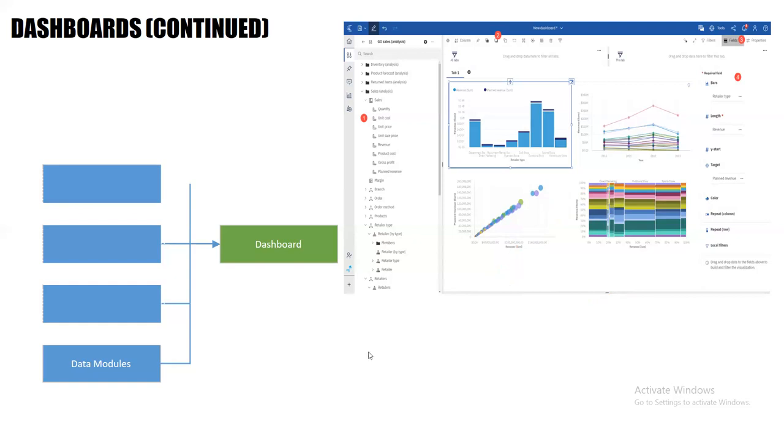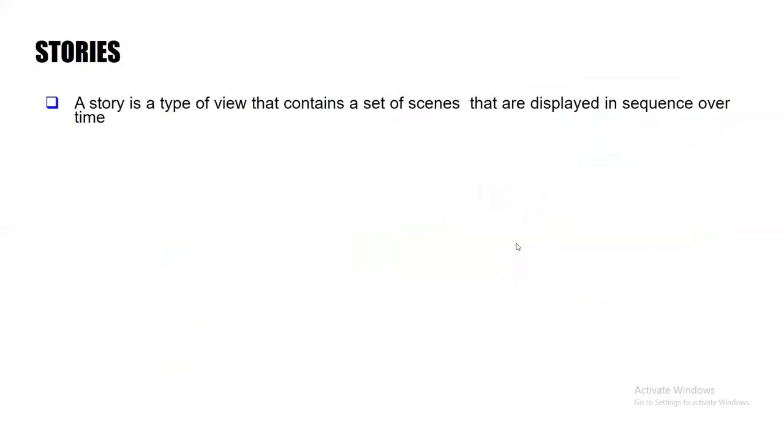The next component or element in the Cognos Analytics platform is the story point, or stories. Now, this might again be a new element for most beginners in Cognos, and yet another exciting opportunity for a data analyst or data scientist who would like to explore the potential of the data and experiment with stories.